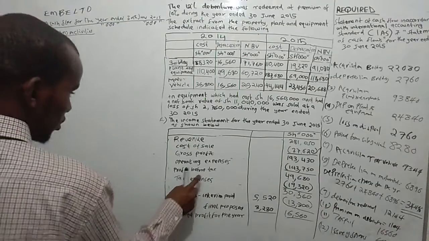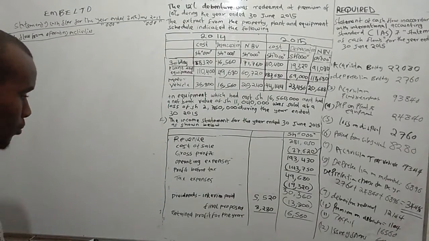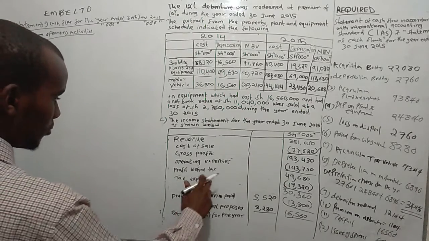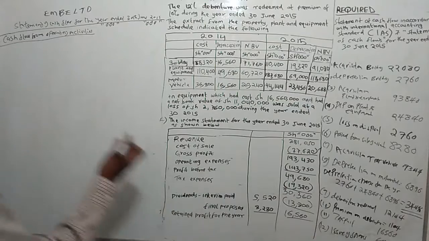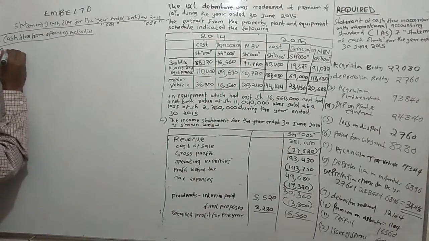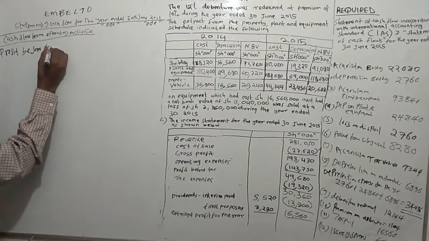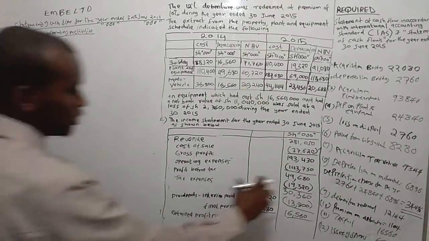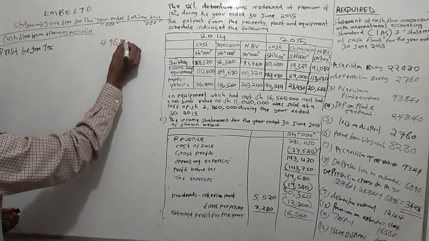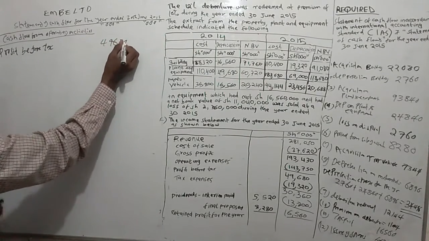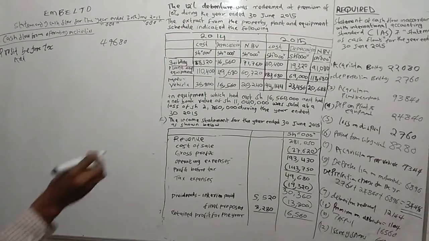Our profit before tax, sorry, is 49,680. So we begin with profit before tax, 49,680.